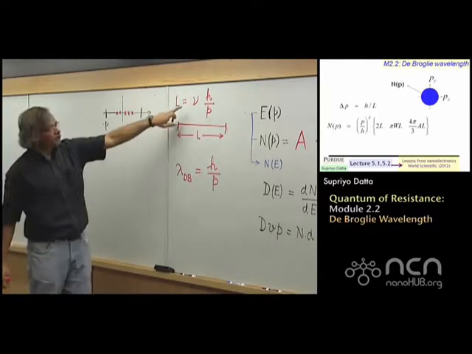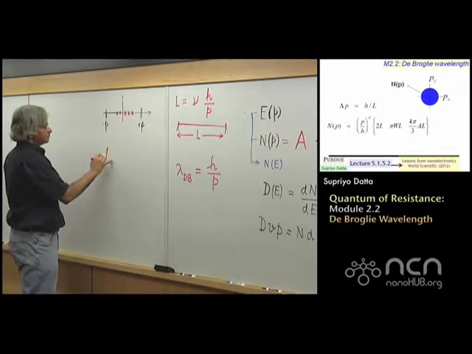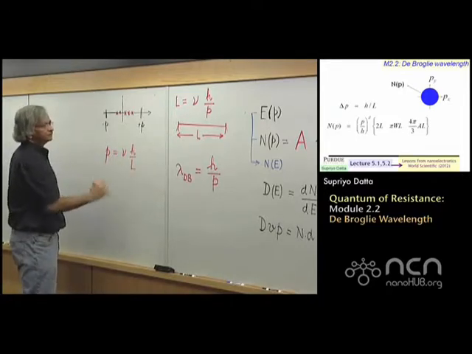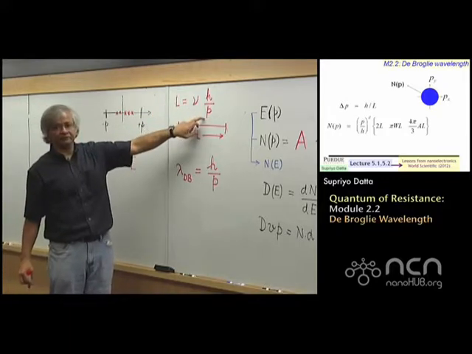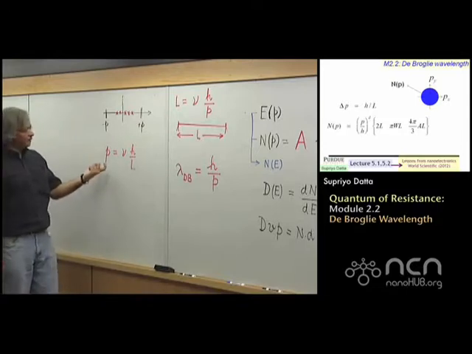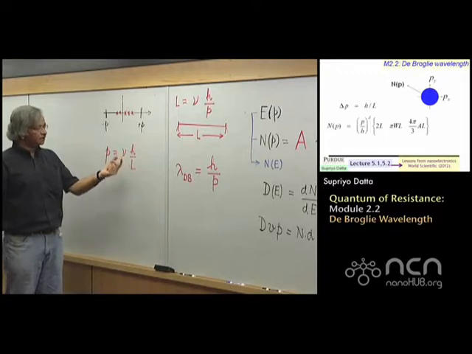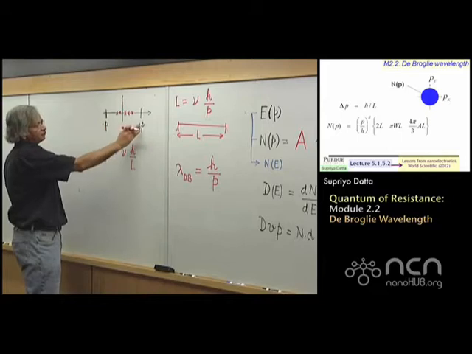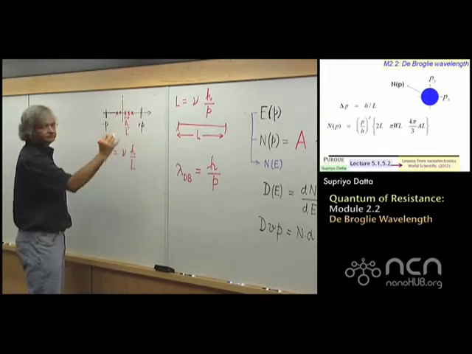Now, if you turn that around, we could write p equal to an integer times h over L. All I did was take the p up here and bring the L down there. And that tells me that the allowed values of momenta are integer multiples of h over L. So when I have a range of p's like this, the allowed values of p will all be spaced by h over L. That's it.